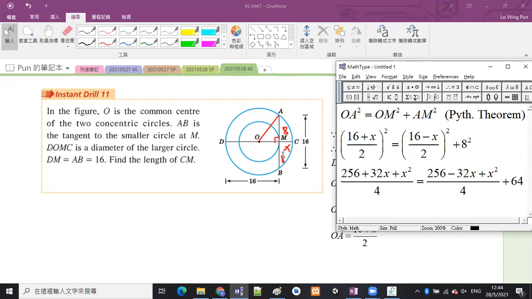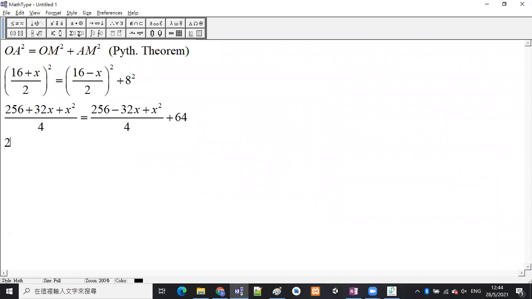When I multiply all the terms by 4, then I'll get this. Can you see that one pair of 256 is cancelled by each other?